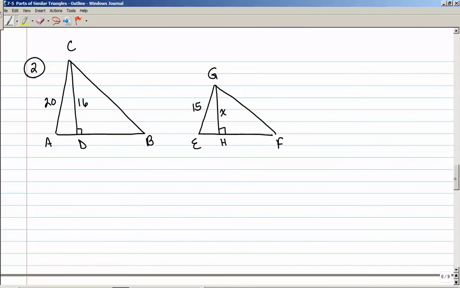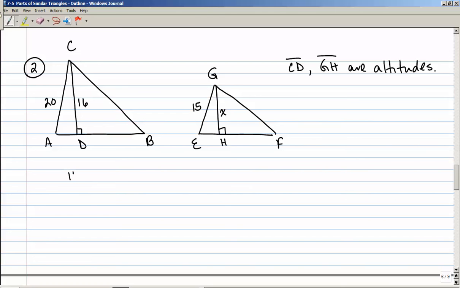Here again we have two triangles, and in this case we have altitudes because CD goes from a vertex and is perpendicular to the opposite side, as does GH. So CD and GH are altitudes. And the lengths of the altitudes are proportional to corresponding sides.